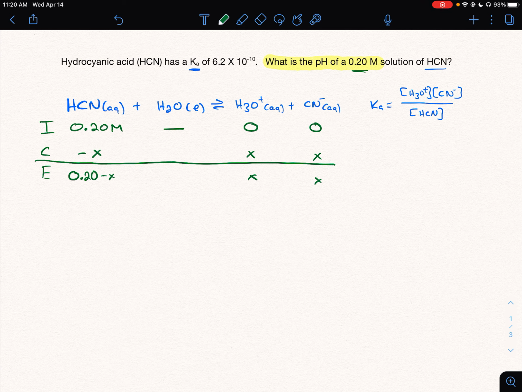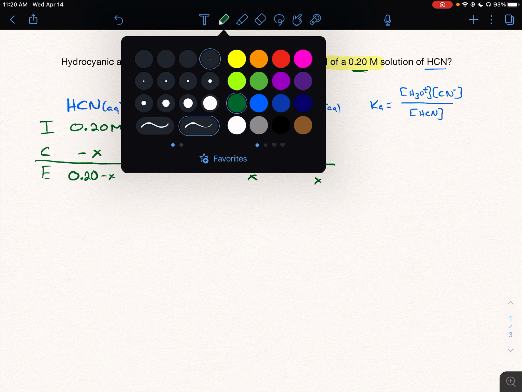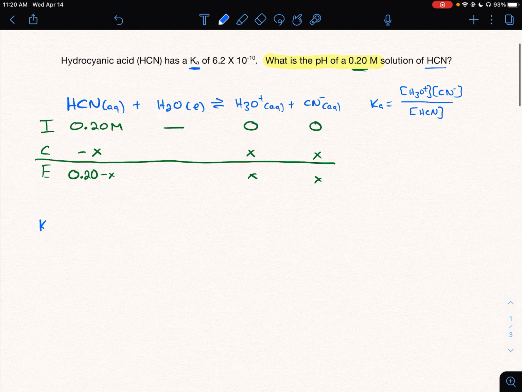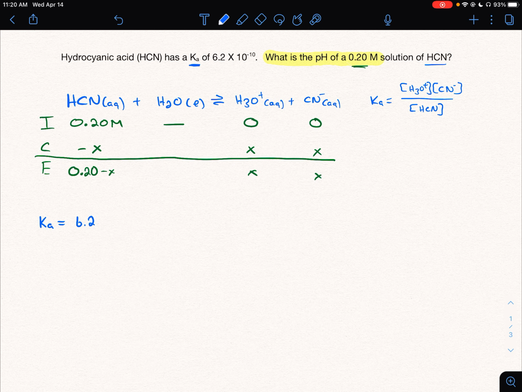Now we're set up to substitute into our Ka expression. So we can come down and write Ka, and remember the value of Ka we are given, 6.2 times 10 to the minus 10th, is equal to X times X over 0.20 minus X. And what we want to do now is recall the question is asking for the pH.